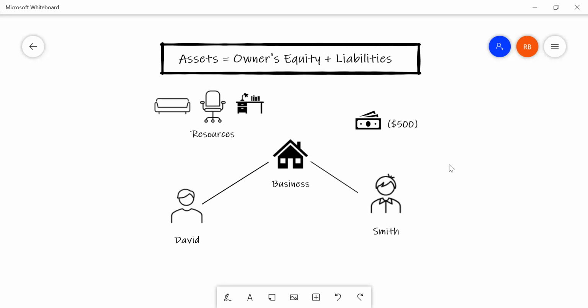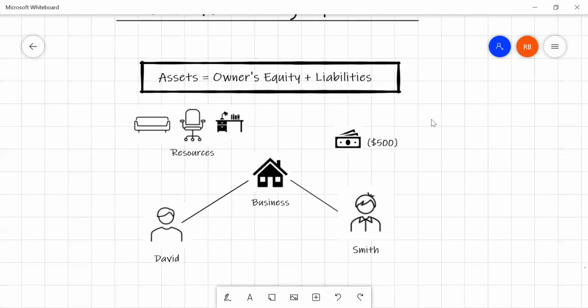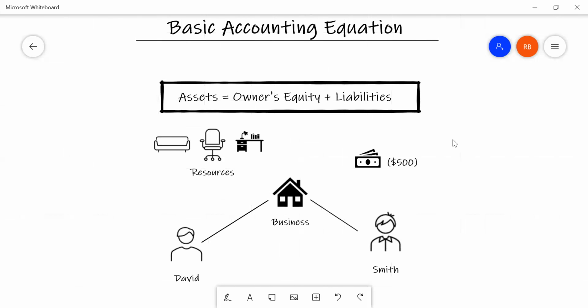These are the simple definitions which can be used for assets, owner's equity, and liabilities. So in this chapter, you got an idea about what assets, owner's equity, and liabilities are.